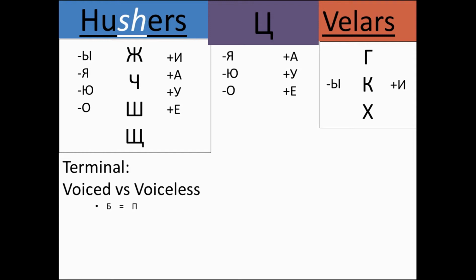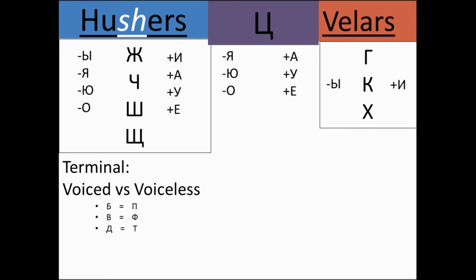You can actually hear when I say b that my vocal cords are working in conjunction with the air that's coming out of my mouth, which is why it's called voiced. But the sound p is just made with the release of air and the formation of my mouth, and that's what makes it voiceless. My vocal cords are not working. So, again, if you have a word that ends in b, it is not pronounced as b, it's pronounced as p. If you have a word that ends in v, it is not pronounced as v, it's pronounced as f.